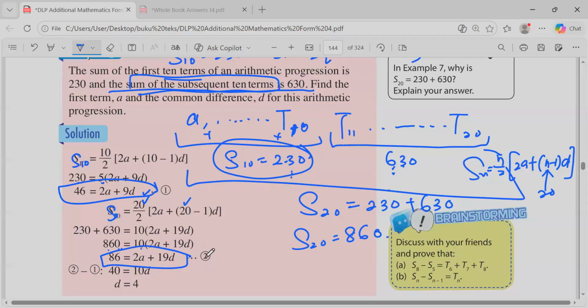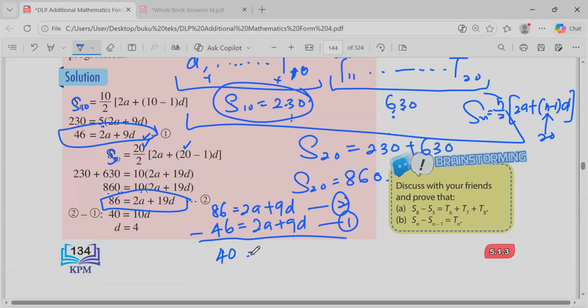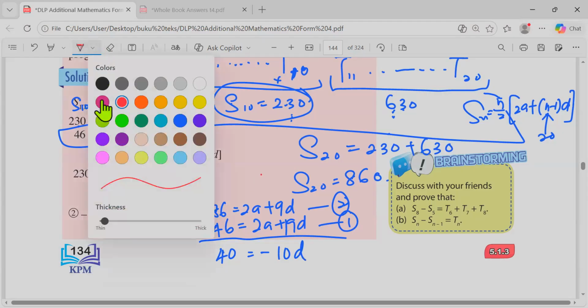So the second one minus the first one. So 86 minus 46. The second one minus the first one, then you will get this one. You get 40, and this is 19. So you get 10D.